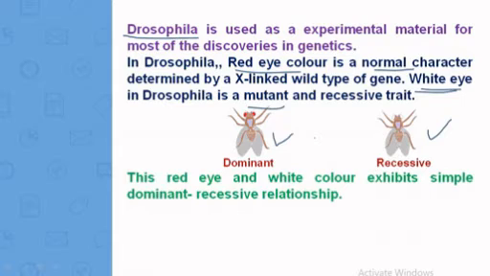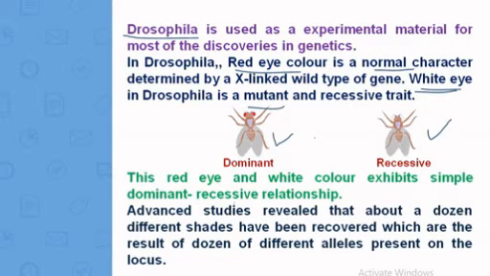Let us proceed towards that. Advanced studies reveal that about a dozen different shades have been recovered, which are the result of different alleles present at the locus. Suppose this is locus A, the gene responsible for the eye color of Drosophila. It might have different types of alleles.